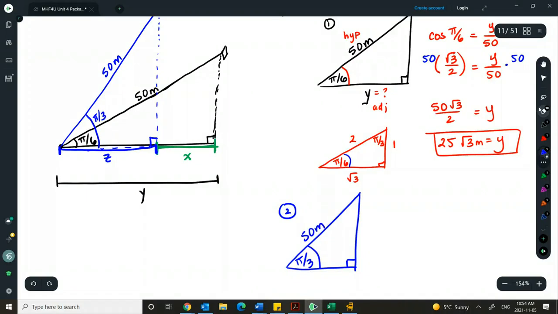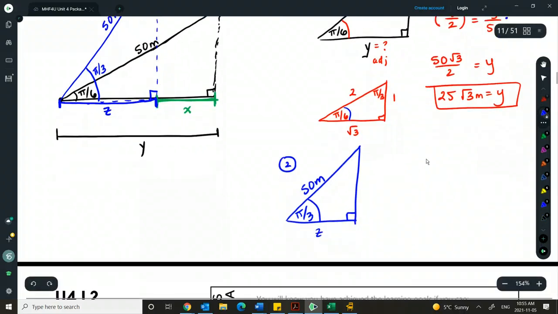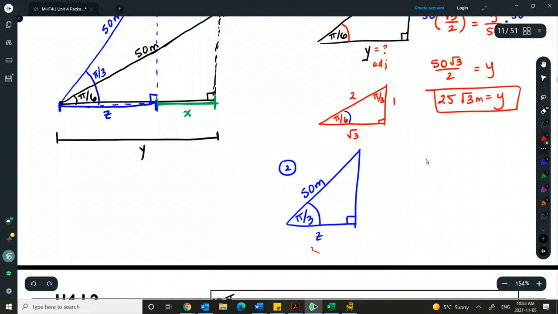This was still 50 meters, and we wanted to know this Z value. So if we want to go along with the idea of scale factors, it might be helpful to just redraw our special triangle in the same format that we see here. If you can do it with the other one, that's great too.